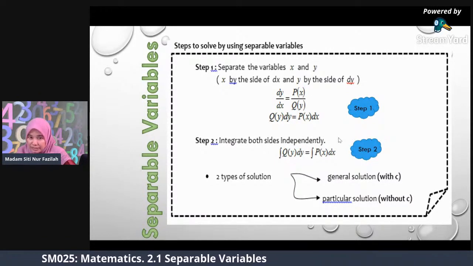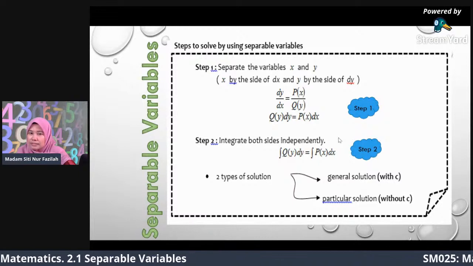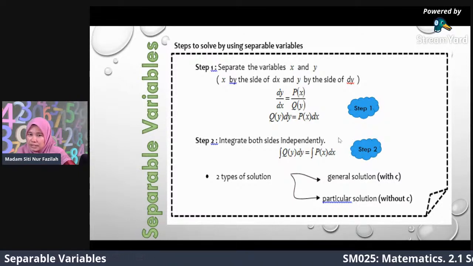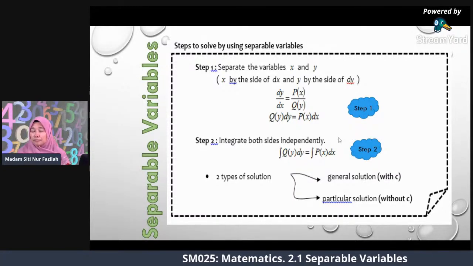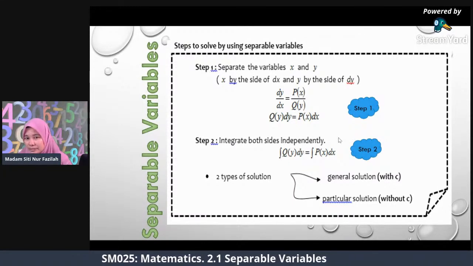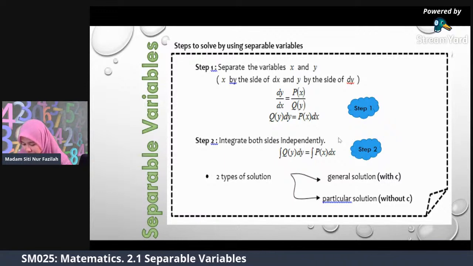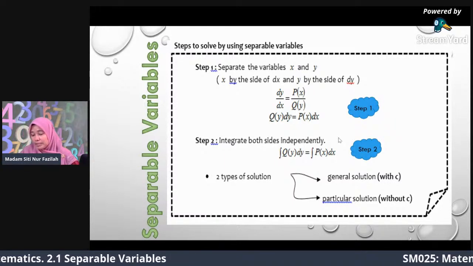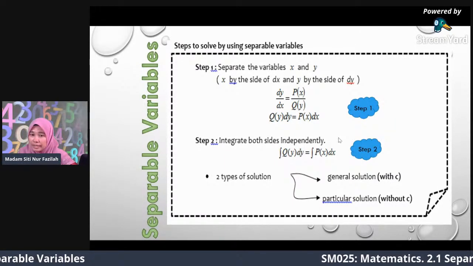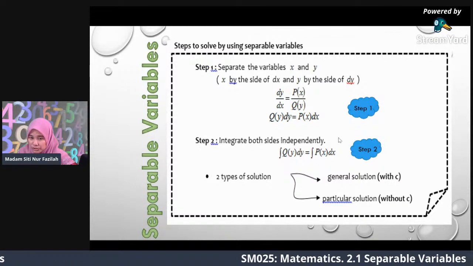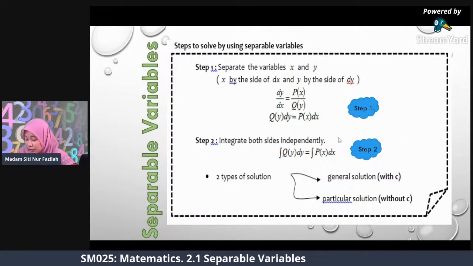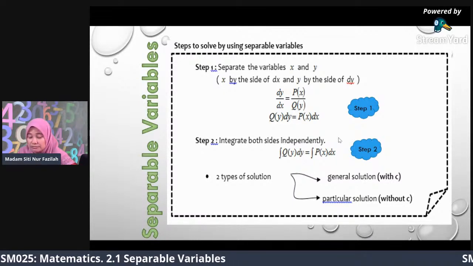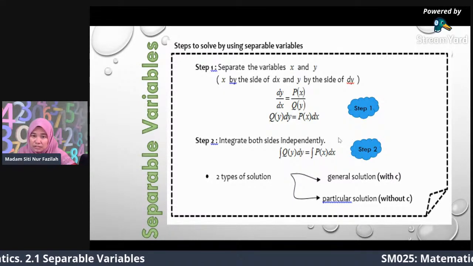After integrating, we get the general solution first. It is compulsory to put plus c after integration. When the question gives a condition, we can find the particular solution. If the question does not give a condition, we just find the general solution only.